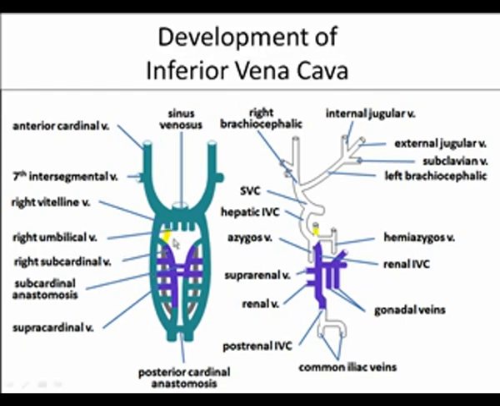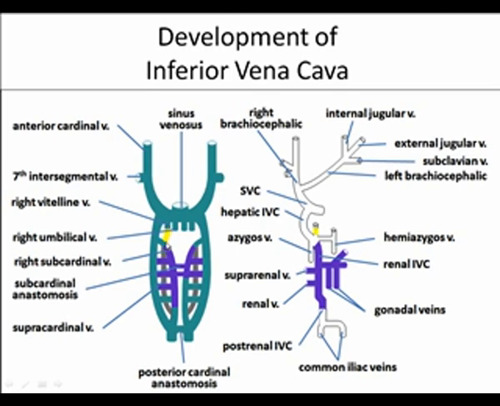The part of the inferior vena cava behind the liver, the hepatic portion of the inferior vena cava, arises from a new vessel that develops behind the liver and connects the subcardinal vein to the right vitelline vein.